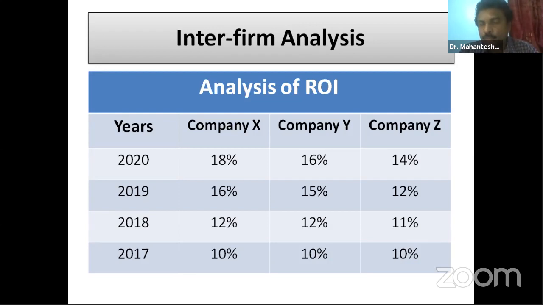Now, for one who has been investing as a long-term investor right from 2017, X's excess performance between 2019 and 2020 is probably not very encouraging, because the rate of increase in ROI is not that impressive for him.